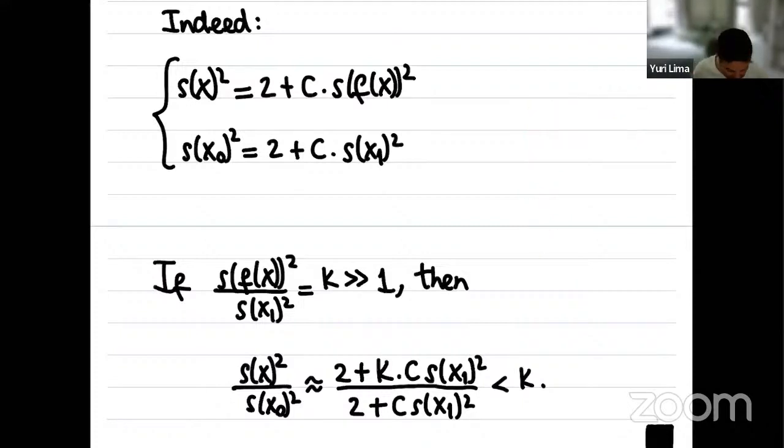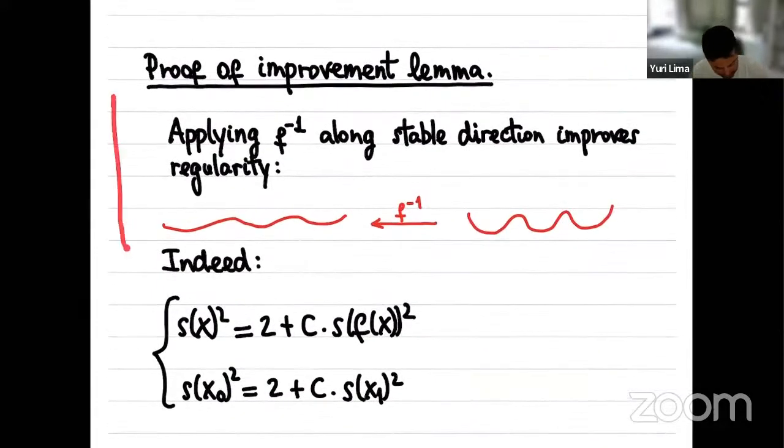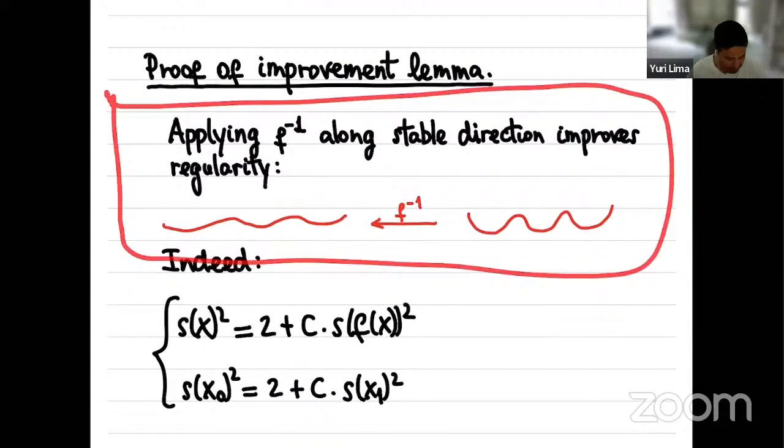But philosophically, it is this. And this is somewhat used also in these approaches of anisotropic spaces. They make a direct use of the property that along stable directions, applying the inverse dynamics improves the regularity, as well as along the unstable, if you apply it forward, you also improve it.